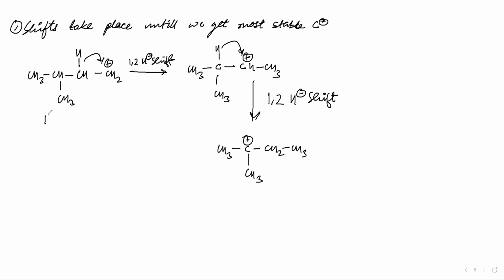Now see, this is 1 degree, this is 2 degree, and this is 3 degree. So from 1 degree, it went to 2 degree, and there was a chance to again make it 3 degree carbocation, and hence we made a 3 degree carbocation. That means the shift will be taking place until we get the most stable carbocation. This is the only thing that I wanted to say. Okay. Now copy this and we can end the class.